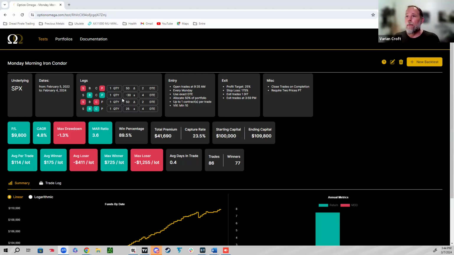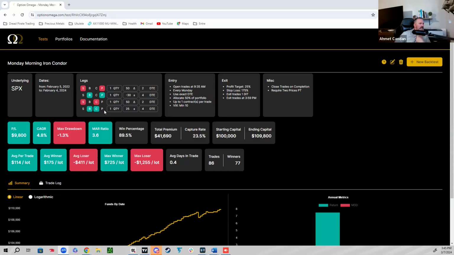We are opening a calendar iron condor: at 2 days to expiration, we are selling the 50 delta put and the 50 delta call. Then at 4 days to expiration, we are buying the protective legs, 30 wide on the put.